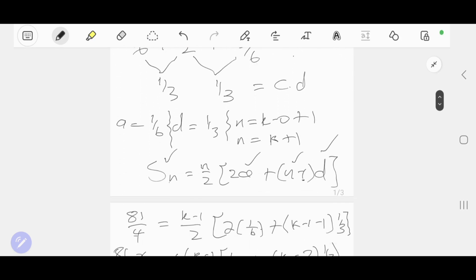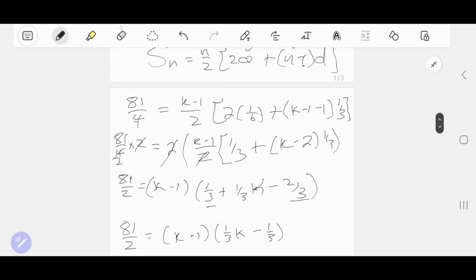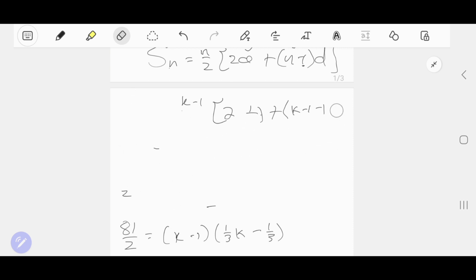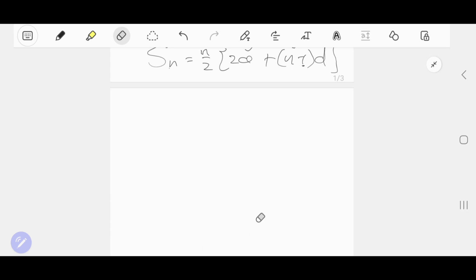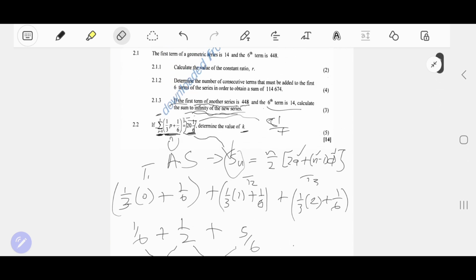People, when I was solving this question, I saw that it was only getting complicated, so I decided to really analyze the question, and I saw that I made a mistake. Remember, my Sn was given as a mixed fraction, so I had to convert it, and I made a mistake when I converted it into 81 over 4.